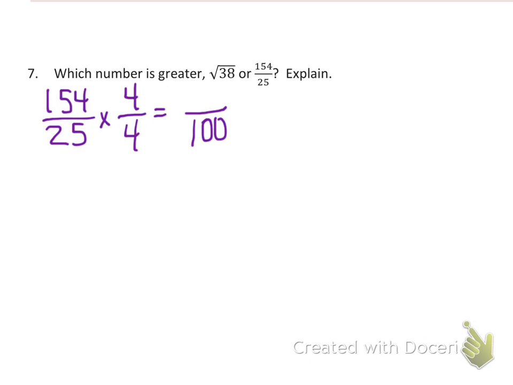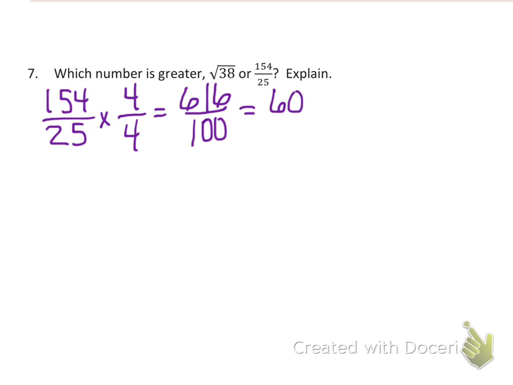So 4 times 154 is 4 times 150 is 600. 4 times 4 is 16. So this is 616. So 616 hundredths is bigger than 1, right?